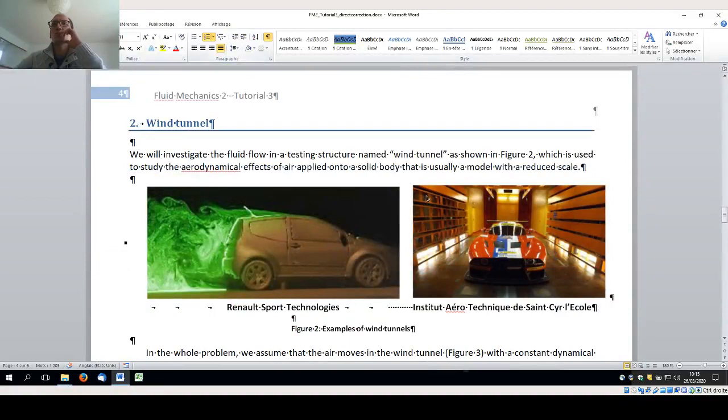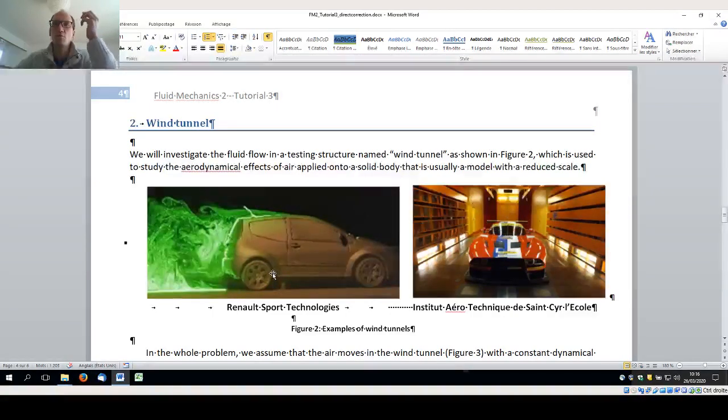So I think most of you have an idea about what a wind tunnel is, but some examples are shown in this figure 2, where it's used to study the force exerted on objects, such as cars, but also to study more specifically some fluid mechanics problems, to do some flow visualization, for instance, like the one you see here.